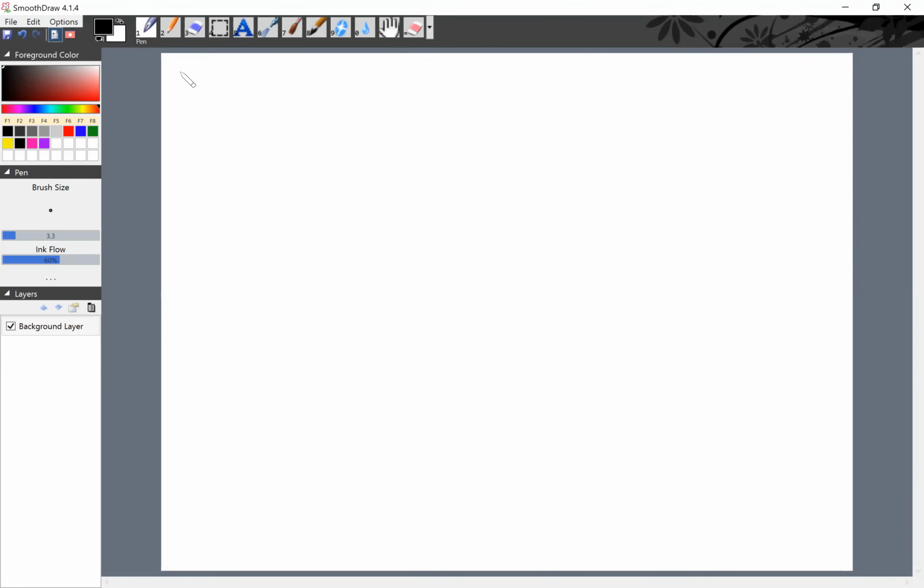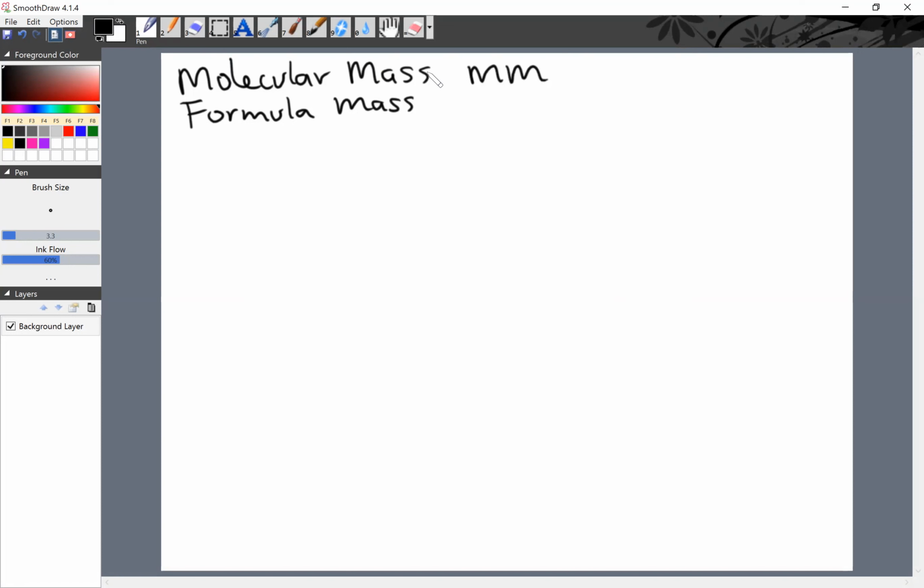So there are lots of names for it: molecular mass, formula mass. Whatever term. Molecular mass, or we could also interchange the word weight in there: molecular weight, formula weight, because gravity doesn't change on the Earth.